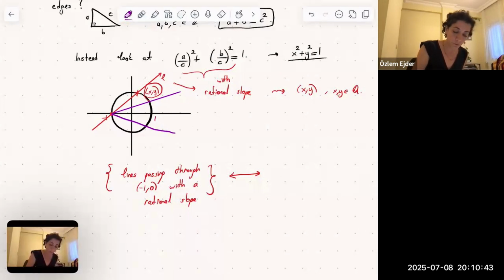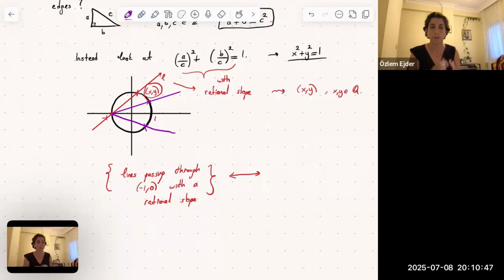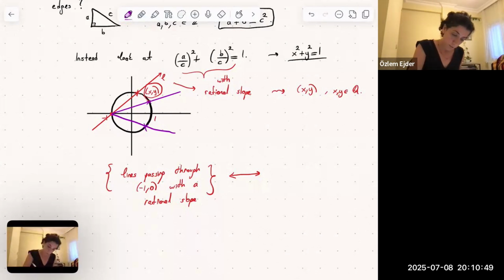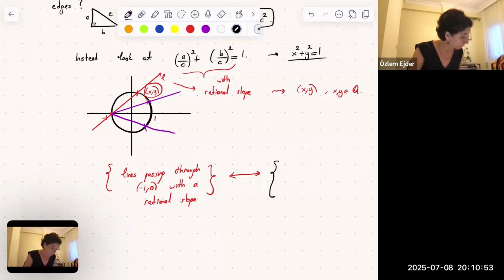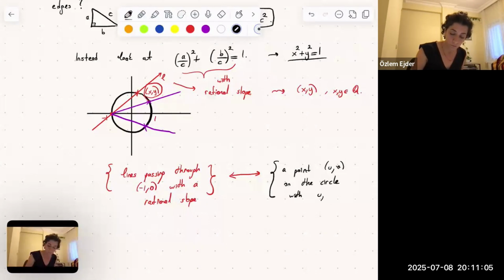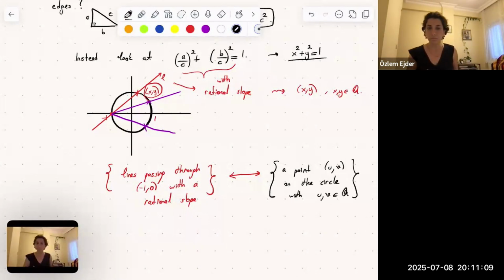If I make sure that the lines have rational slope, then these points are all going to be points that I want: a point (u, v) on the circle with u and v in Q.